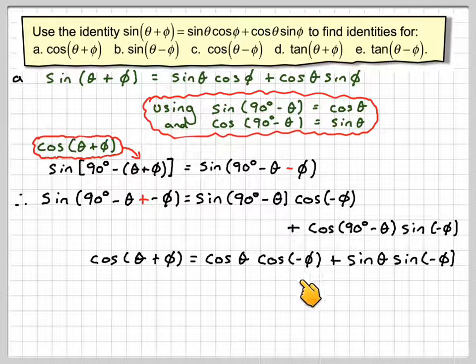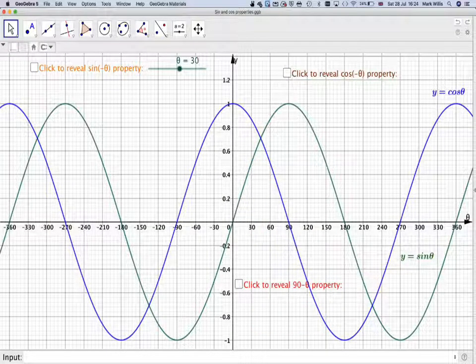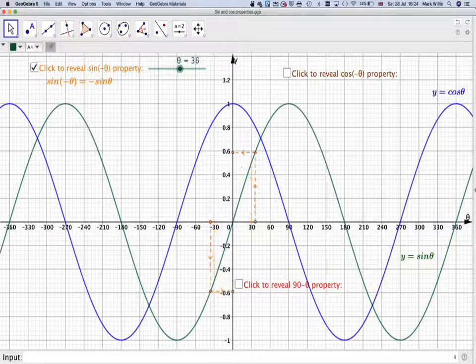Now, are there relationships for cos of minus phi and sine of minus phi? Let's go back to the GeoGebra applet. Again, I'll remind you that it's in the notes of the video if you want to get it for yourself. Deselect this, and just select for minus phi. At the moment we've got sine of 30 is 0.5, but sine of minus 30 is minus 0.5.